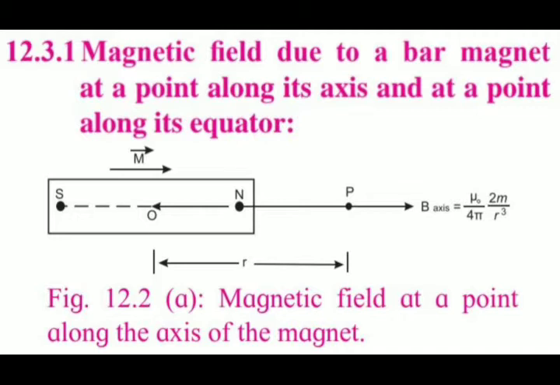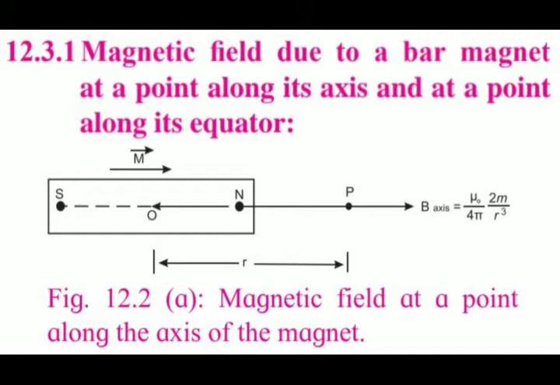Now the bar magnet will have a magnetic dipole moment, that is vector of m. And what you have to consider is, you have to extend this axis, and on that extended axis you have to consider a point. That point is p, anywhere on the extended axis. So label this point as p.